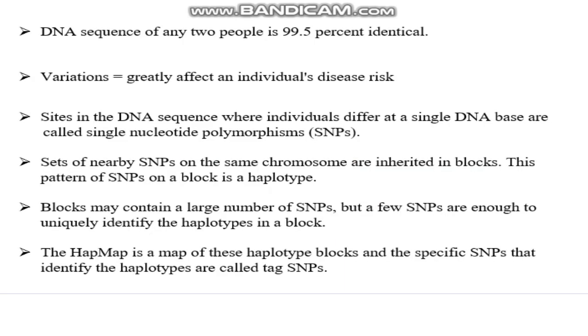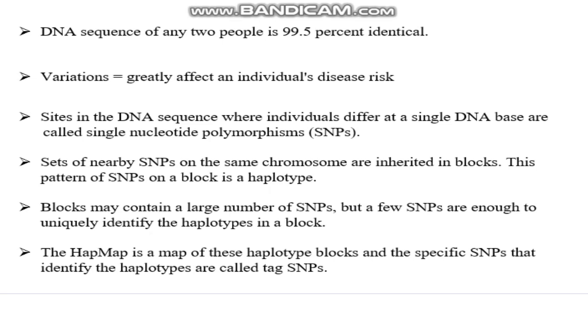DNA sequences of any two people are 99.5% identical, and there is a very small amount of variation, but these variations greatly affect an individual's disease risk. The sites in the DNA sequences where individuals differ at a single DNA base are called single nucleotide polymorphisms.